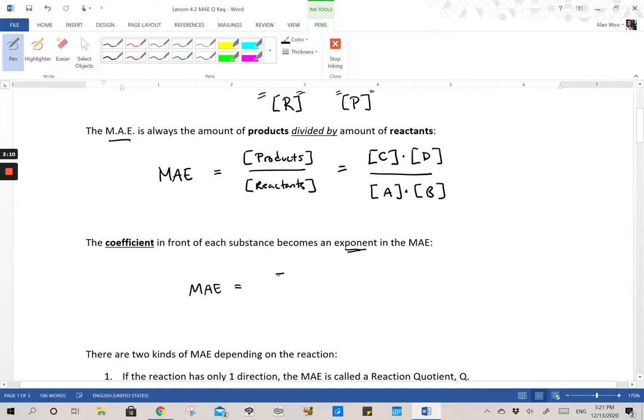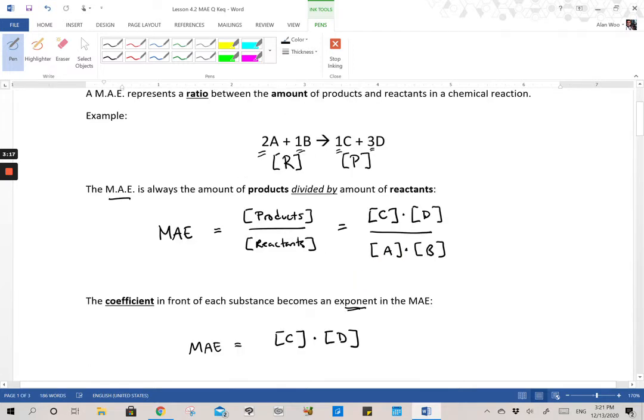Now, let me put the substances in first, and then we'll just go back up. There's a coefficient of 1 in front of the C. So technically there is a to the power of 1 for C. And it's to the power of 3 for D because there's a coefficient 3.